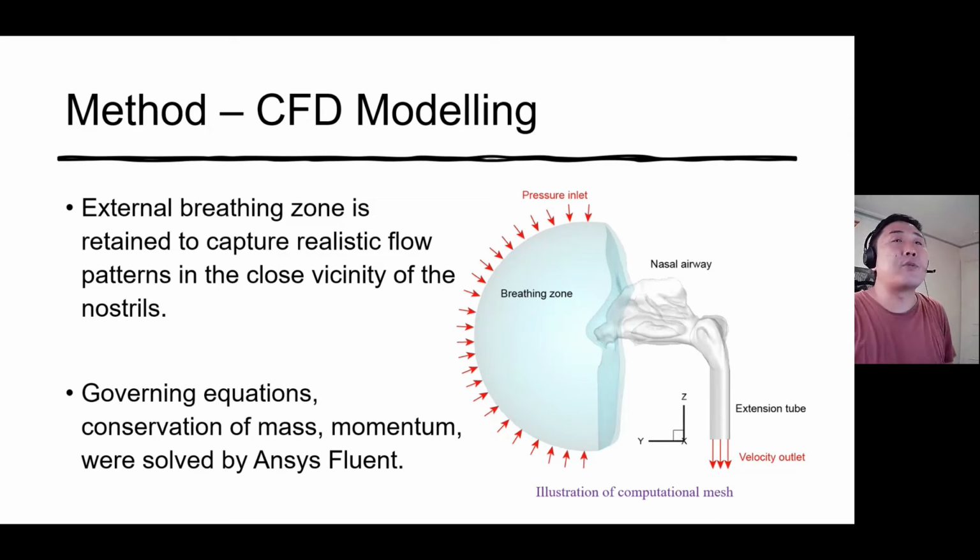This slide illustrates the computational model and the setup of its boundary conditions. Specifically, pressure inlet and velocity outlet conditions were adopted, and a breathing zone was added to capture the realistic flow fields near the nostrils. After everything was properly set up, the continuity and momentum equations were solved using ANSYS Fluent software.